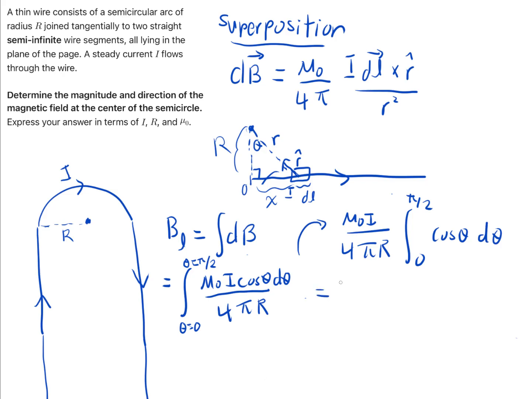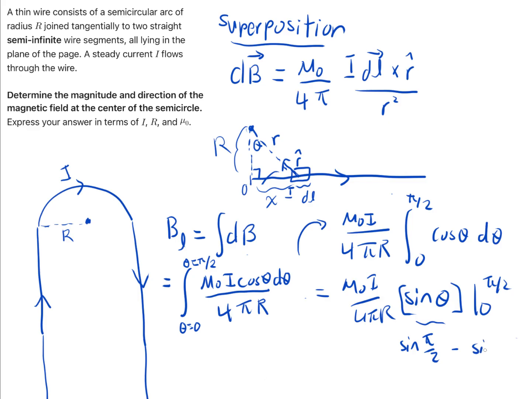So this becomes mu naught I over 4 pi r times the sine of theta, and we evaluate this from 0 to pi over 2. So this becomes sine of pi over 2 minus sine of 0. Sine of 0 is 0, and sine of pi over 2 is 1. So this finally just evaluates to mu naught I over 4 pi r.